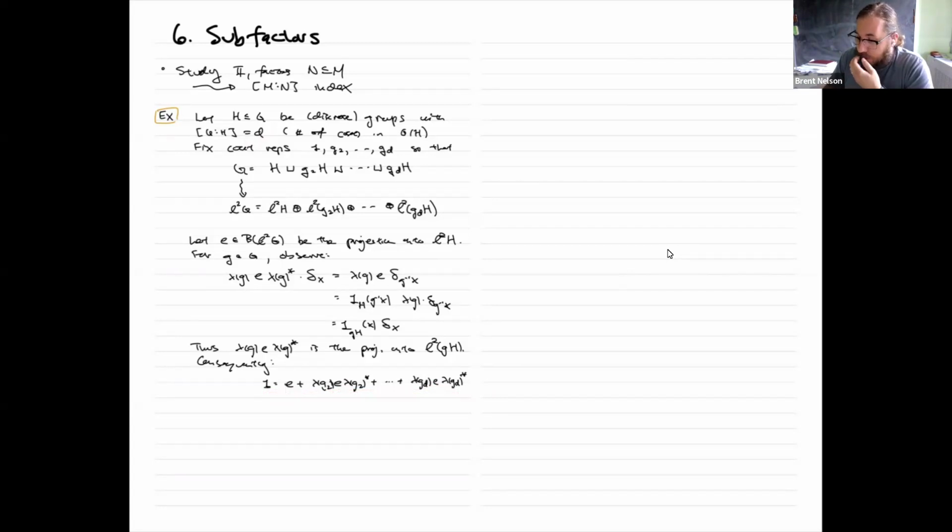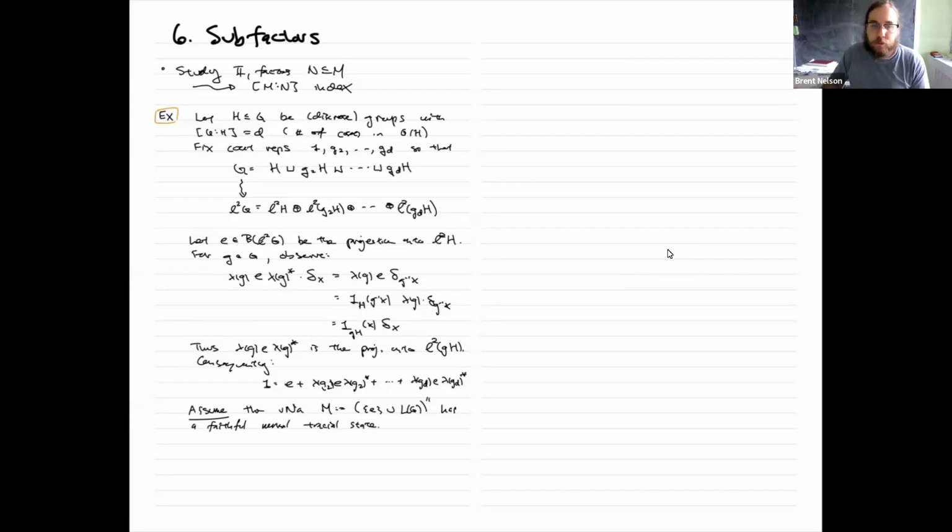But now to turn this into a number that we can extract from the von Neumann algebra structure, I have to take a bit of a leap of faith. I'm going to make an assumption here. I'm going to assume that the von Neumann algebra, I'll call it M, generated by this projection E and all of my lambda G, so everything in the group von Neumann algebra, has a faithful normal tracial state.